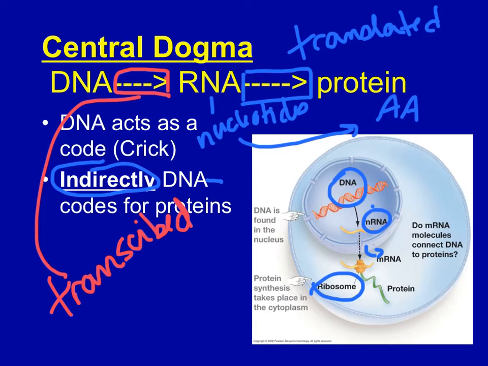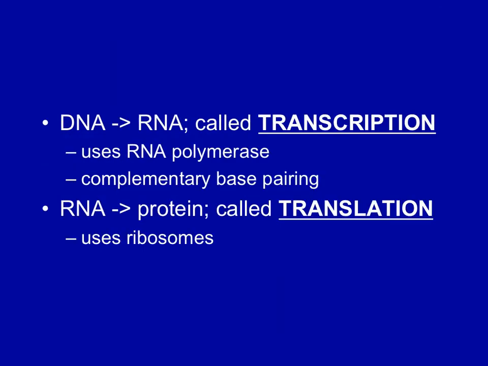Others can be exported out of the cell, or taken on the ribosome to the ER, where it gets processed and sent through the ERGIC and Golgi, the exocytic pathway, on its way to its final destination. So this central dogma, really, really important.